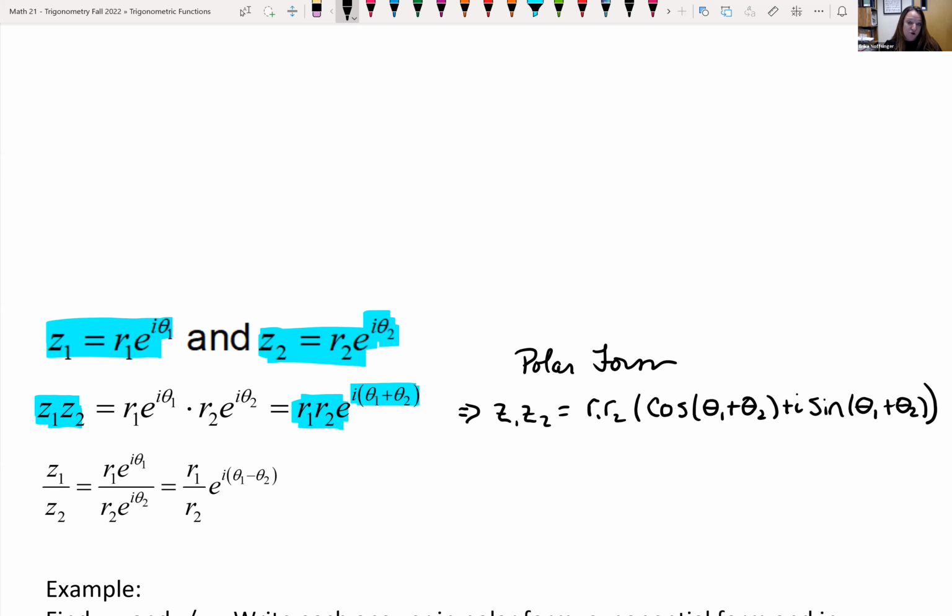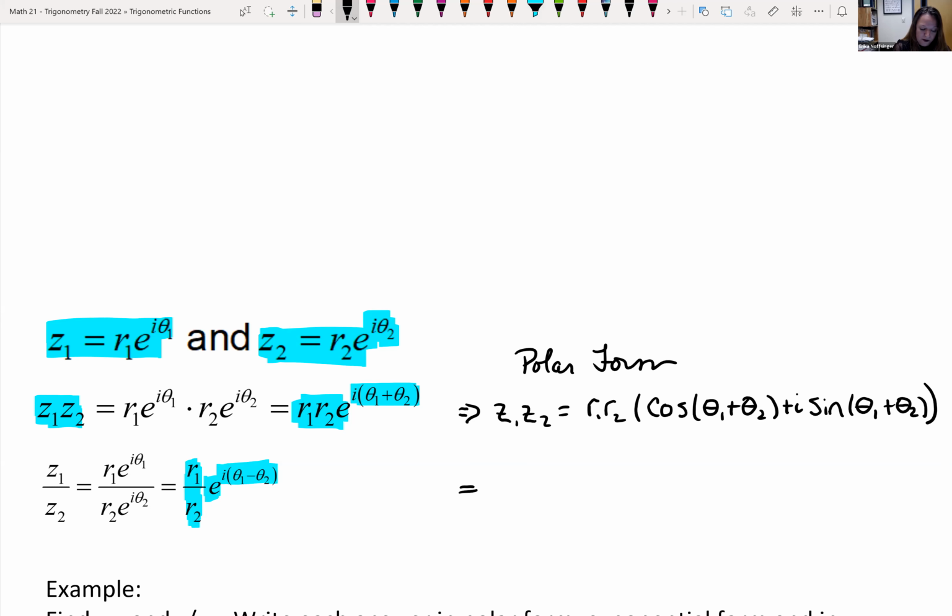If we were dividing two complex numbers, z sub 1 divided by z sub 2, we could write it in exponential form by looking at the quotient of r sub 1 and r sub 2, so r sub 1 divided by r sub 2 times e raised to the power i times the quantity theta sub 1 minus theta sub 2.